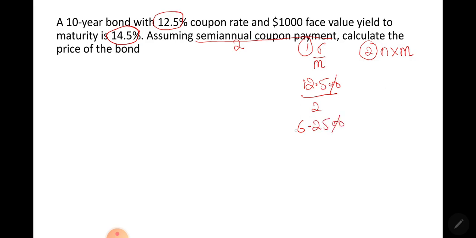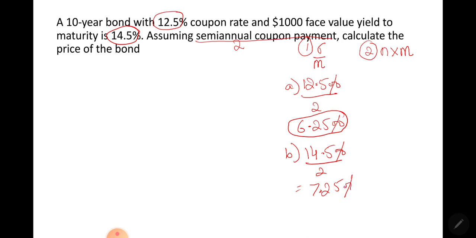So this is the new coupon rate that will be used. And we're supposed to divide the YTM as well. So divide this by 2, this will become 7.25%. This is the new YTM that will be used in the question.